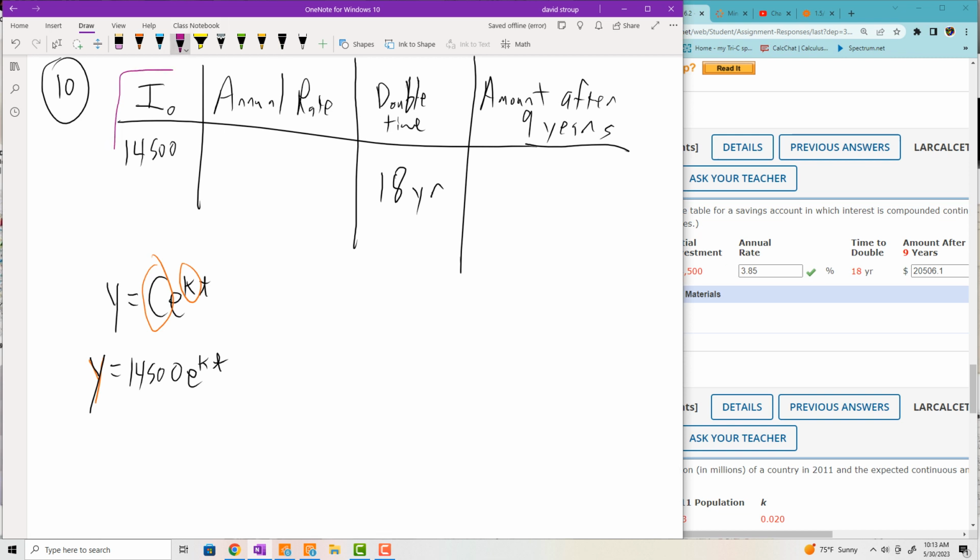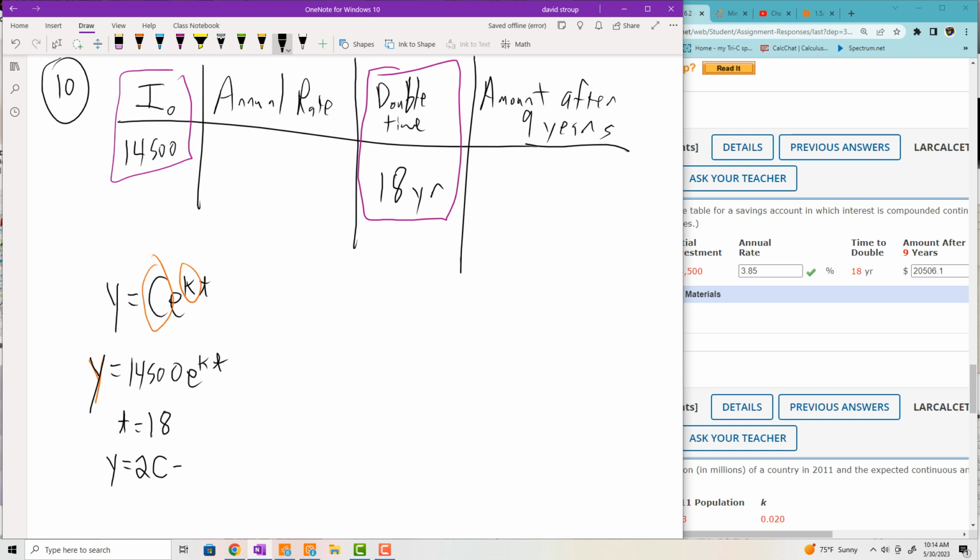So we've already used I sub 0. We want to use doubling time. Instead of half-life, the doubling time says that in 18 years, so when t is equal to 18, the y value will be twice the initial amount.